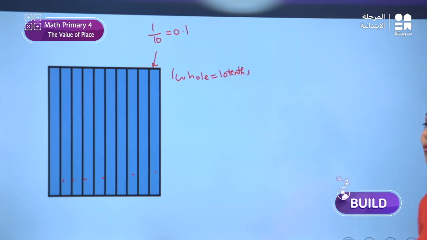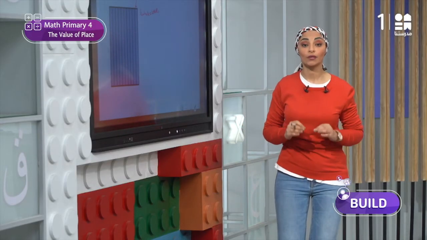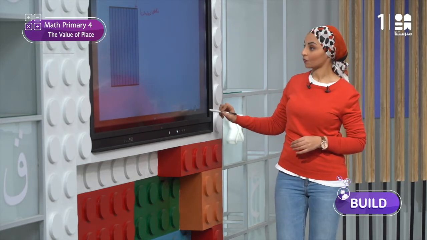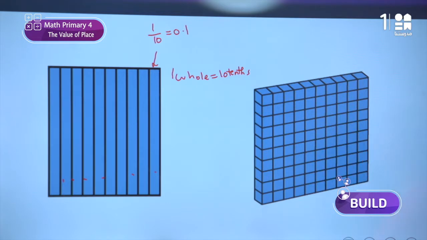Right? Okay. In the previous lesson, we used the 100th grid model to represent the 1 whole. Let's see it together. Here it is. It is divided into 10 rows with 10 columns. If we count the rows, we will find 10 rows and also 10 columns.